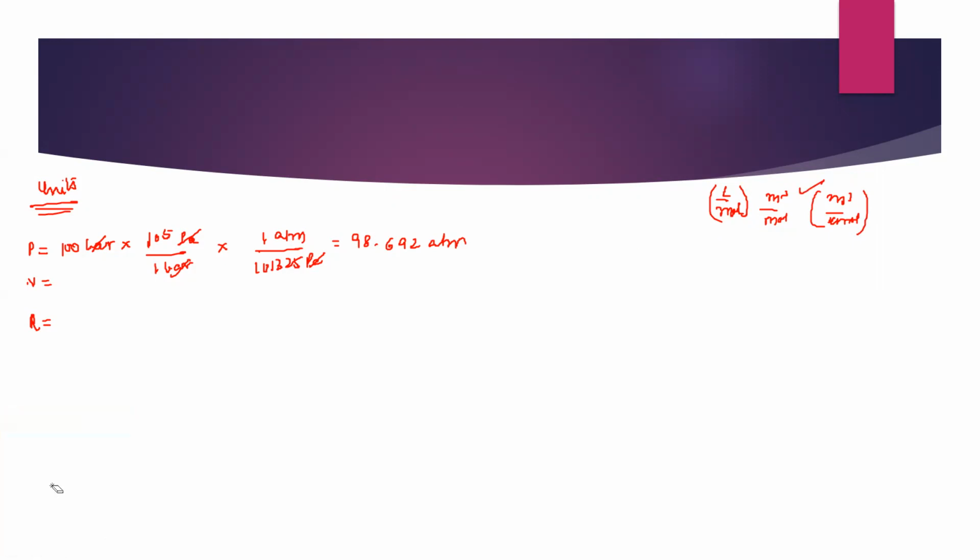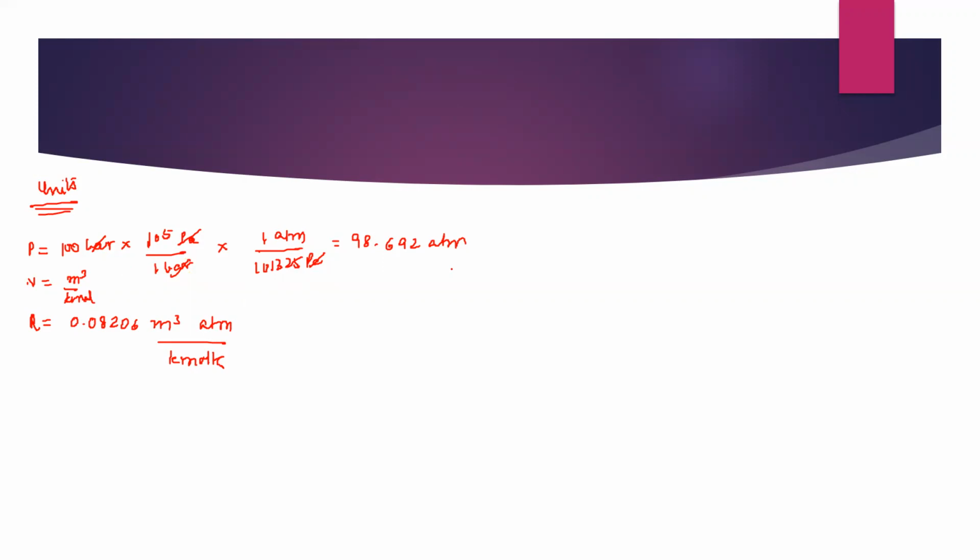In general, remember that meter cube per mole can make calculations inaccurate because of very small values. On that basis, R is 0.08206 meter cube ATM per kilomole Kelvin.